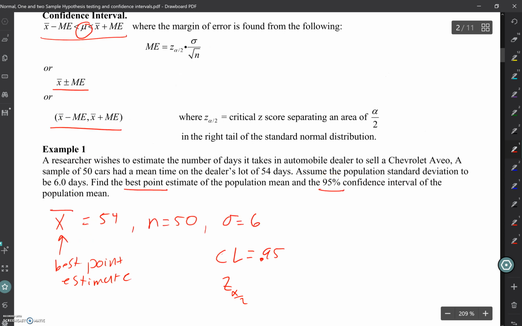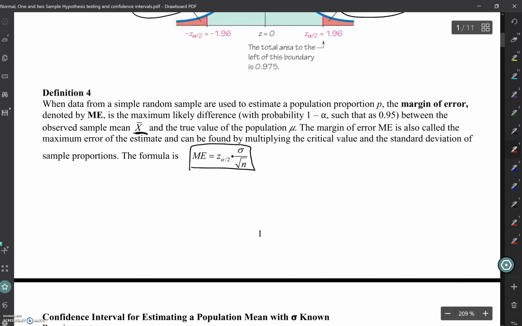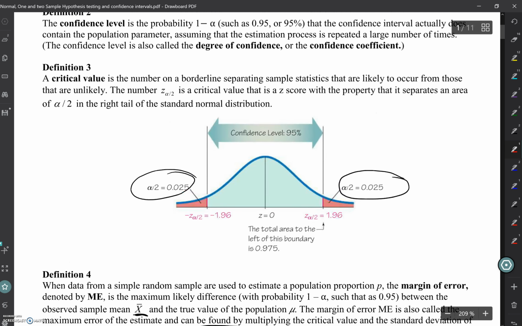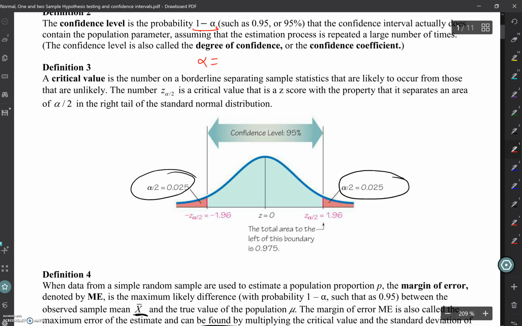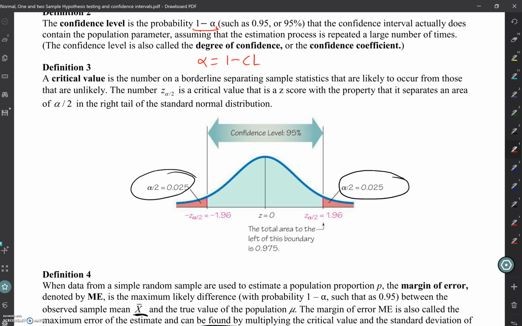And they told me up here, let's go back and see where it is, that confidence level is 1 minus alpha, which also means that alpha equals 1 minus my confidence level. They gave me my confidence level, and I need to find alpha, so we're going to use 1 minus confidence level to figure out what our alpha is.